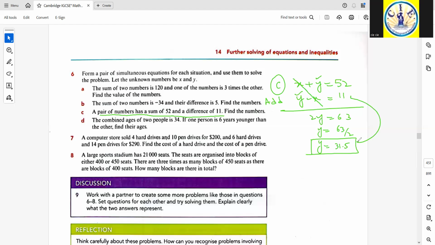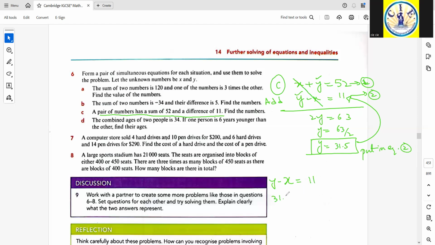Now, I'm going to replace this value in any of these equations. Let me replace it in the second equation because its constant term is lesser than 52. So put it in equation number 2, since this was equation number 2 and this was equation number 1. So that is y minus x is equal to 11.